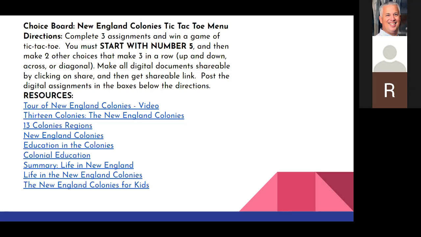Once they do that, they can branch out however they want. If you really want to amp it up, you can have them do the entire tic-tac-toe board. But again, it depends on your level of kids and the rigor that you do with them. So this one just happens to be on the New England Colonies, the tic-tac-toe menu directions, okay?